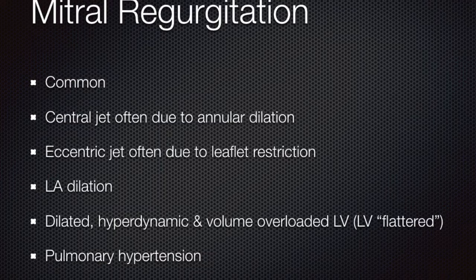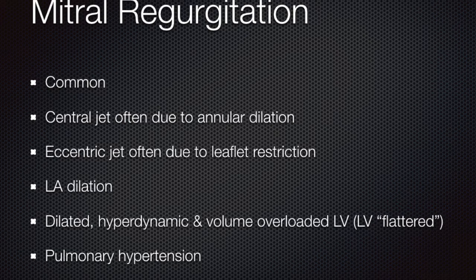Okay, so mitral regurgitation is common. In fact, regurgitation of some or all of the heart valves is commonly seen in normal subjects. However, the worse it gets, the more clinically relevant it becomes. And there may be different types of jets seen on the colour Doppler depending on the type of lesion we're talking about.